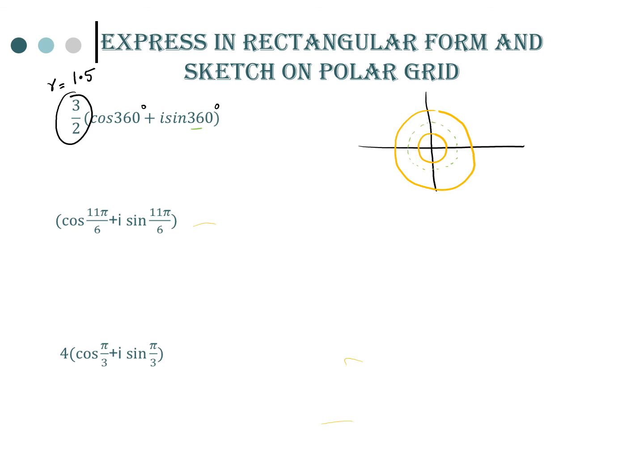Now 360 degrees means near the 0, because it is 0 degree, and after one revolution it will be 360 degrees. So of course your answer is on the 1.5 circle, and 360 degrees means on the x-axis, and you just join it with the origin. So this is how we sketch the graph in the polar form.